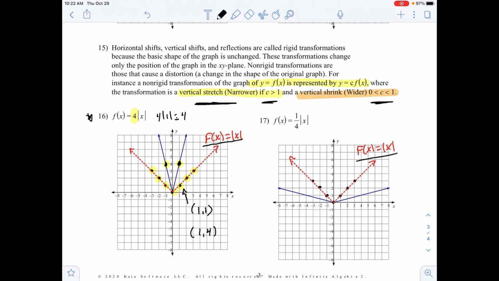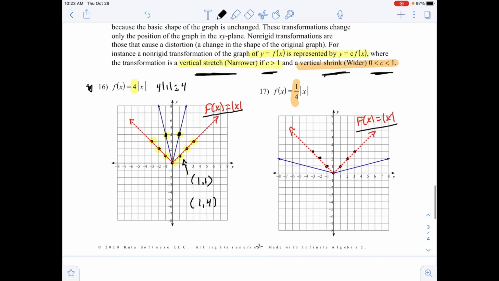Then number 17, here is a parent function, absolute value of x again. But now you notice that the c value is 1/4, which is between 0 and 1. So that means that we're going to have a vertical shrink compared to the parent function, which means it's going to be wider. You could do the same thing that we did in number 16. So this first point, (1, 1), if you plug in 1 for x, it would be 1/4 times the absolute value of 1, which is 1/4, which you can see is over here.